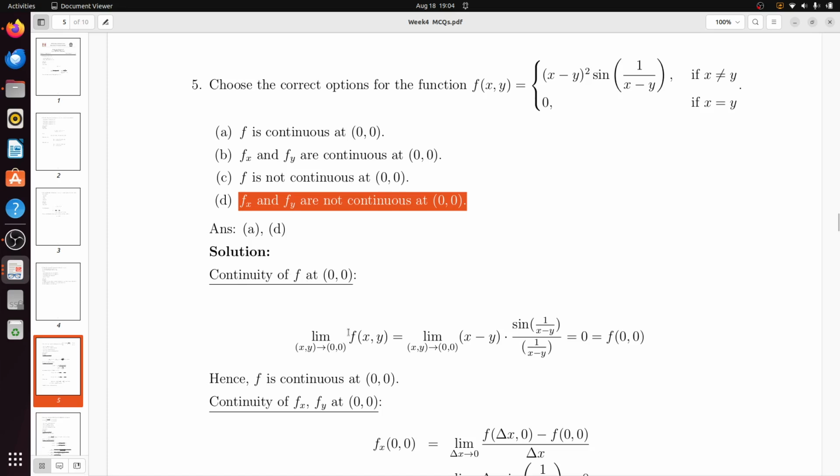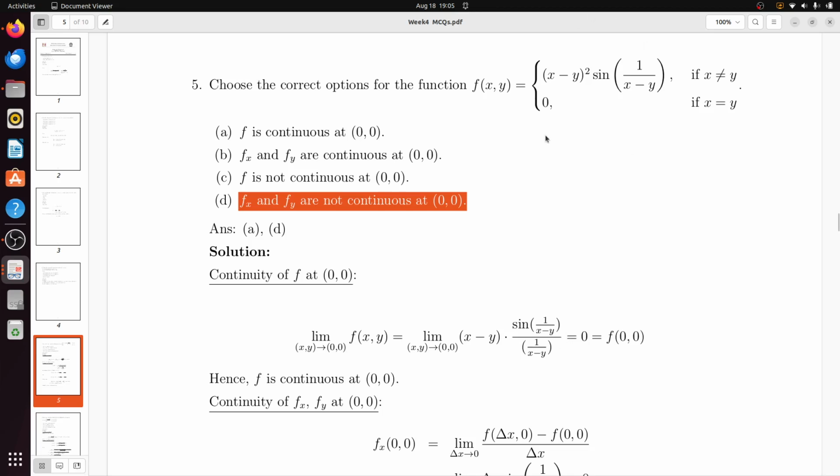How to prove it? Very simple. Just show that the limit of f(x,y) as (x,y) tends to (0,0) is 0.